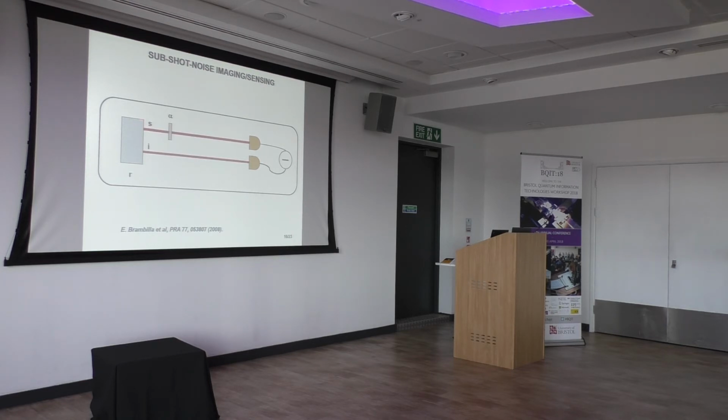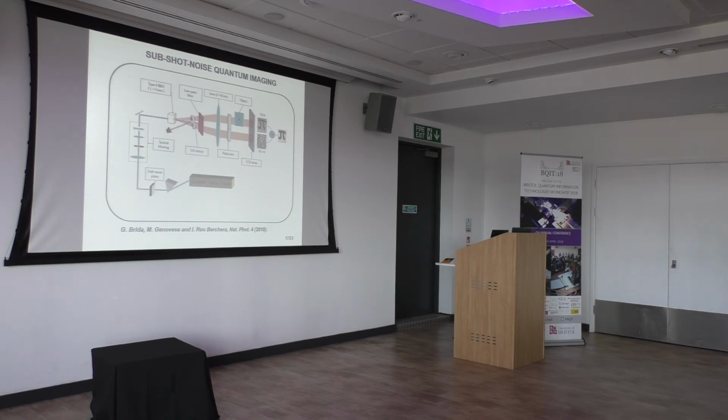These are signal and idler beams from a two-mode parametric amplifier, and there are photon number correlations between the two beams. And then if we register the two beams with two detectors and subtract the signals, we can image this object, if it is a very weakly absorbing object, better than shot noise, better than in classical optics.